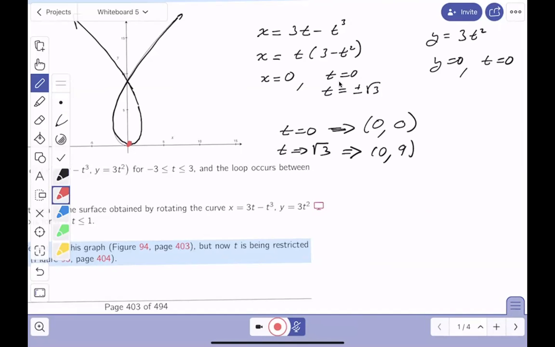That's that point right here, by the way. So this is t equals root 3. This is t equals 0. The point here would be (0, 9). The point here would be (0, 0).